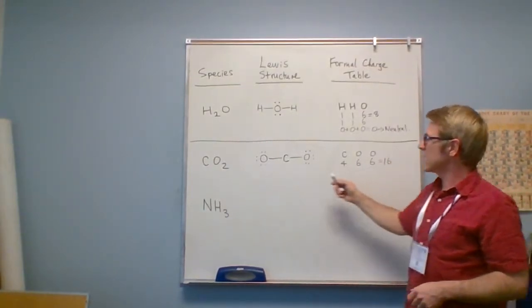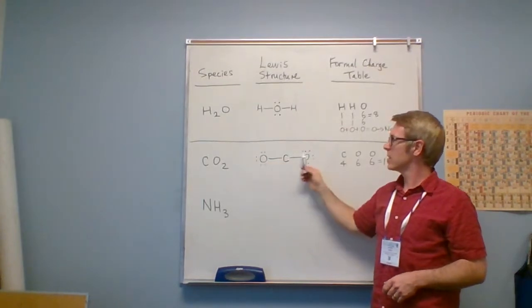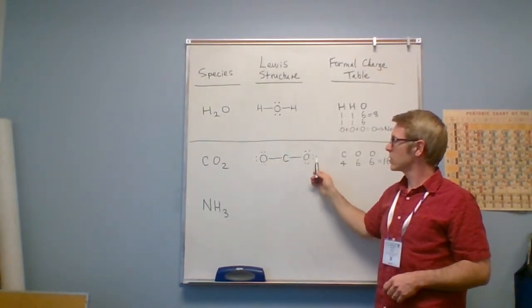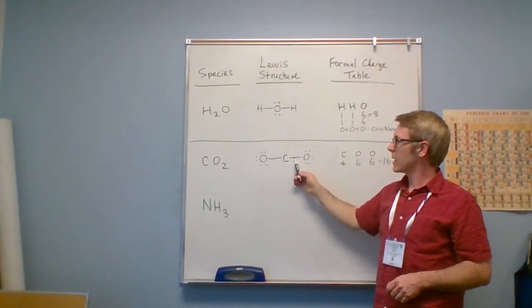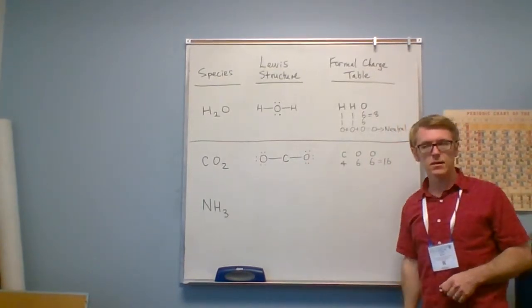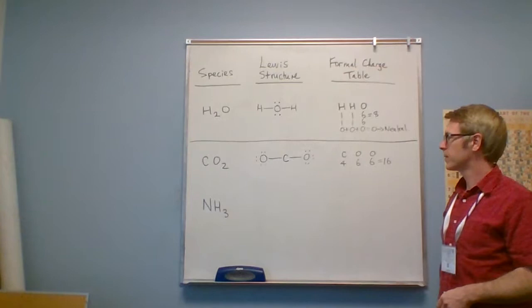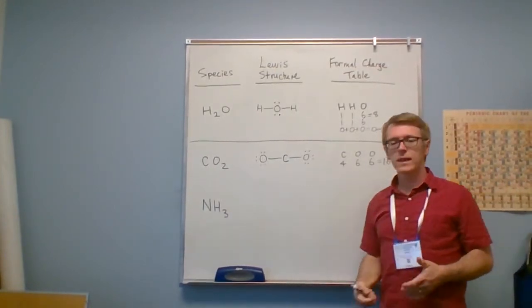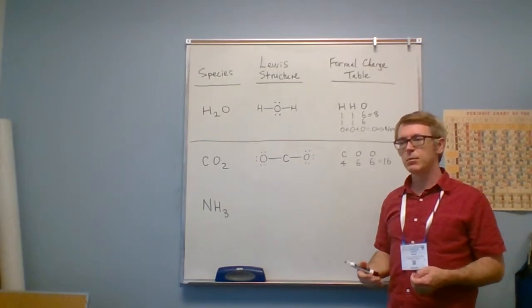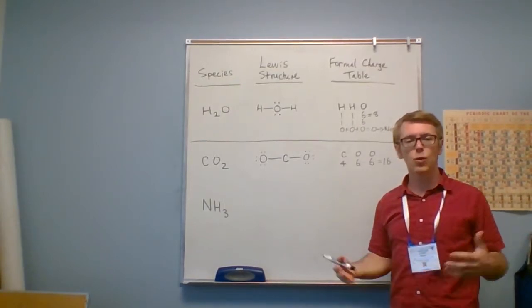So I should have 16. I've got 6 dots over here, 12 dots total with these extra dots, and then I have my extra 4 line electrons here. So I have 16 electrons. Everything looks okay, except one of the guiding principles of S and P block chemistry is that elements want to combine.